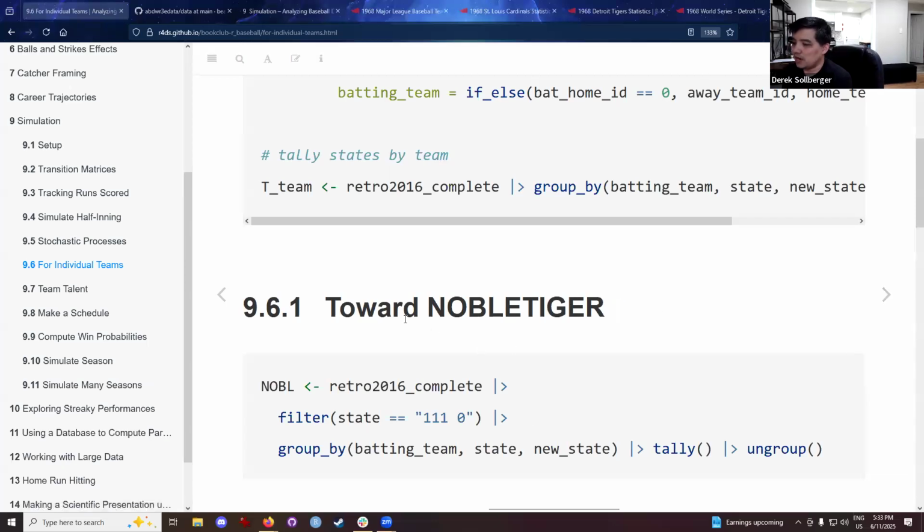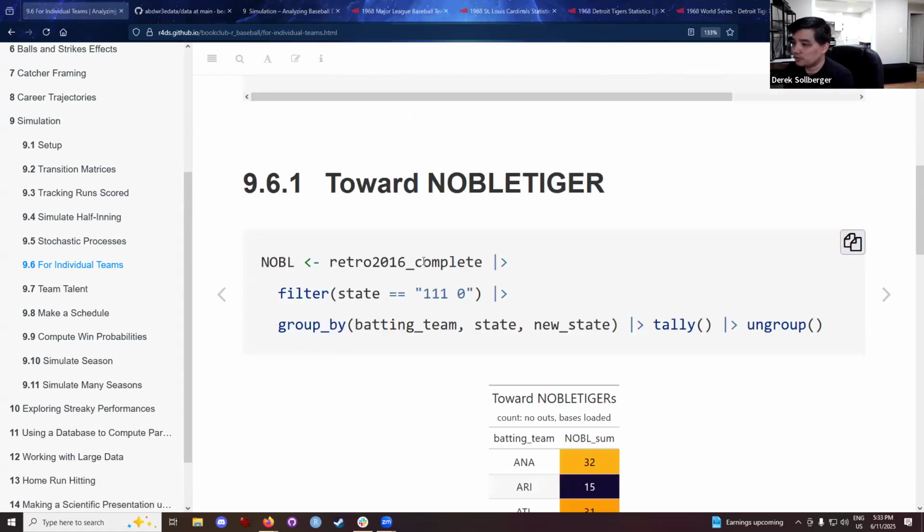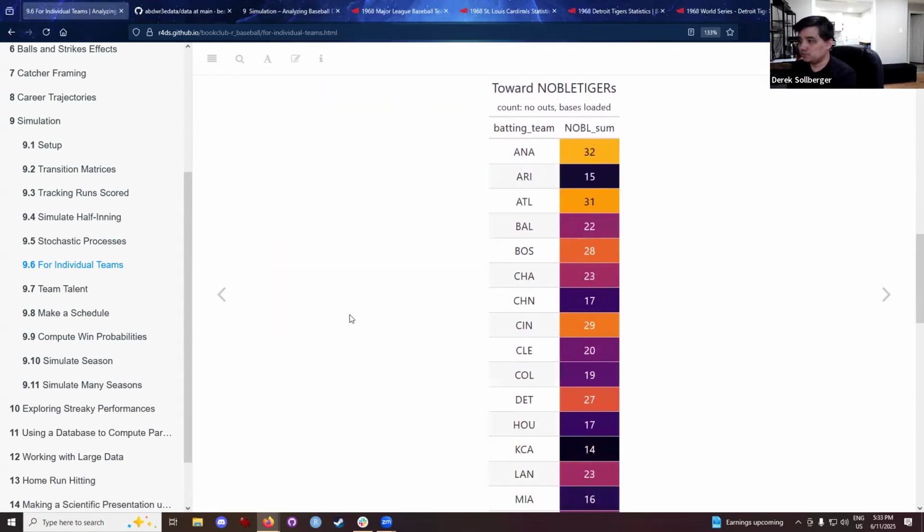So I wanted to get a sense of how often this situation, or at least the setup, could occur. From the 2016 season data, we're looking at those situations, bases loaded, 0 outs. And I decided to look at this by team. Back in that 2016 season, and by the way, I love when we use these old franchise IDs, because then we could say Anaheim Angels.